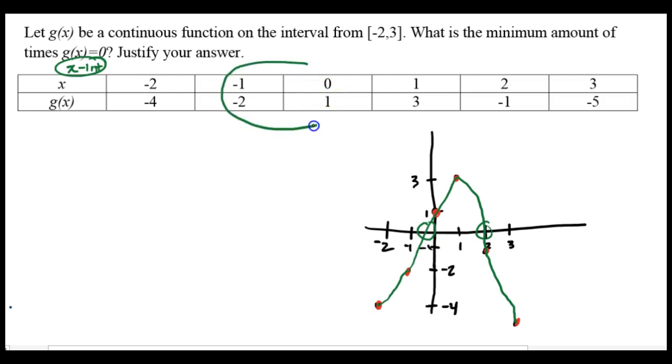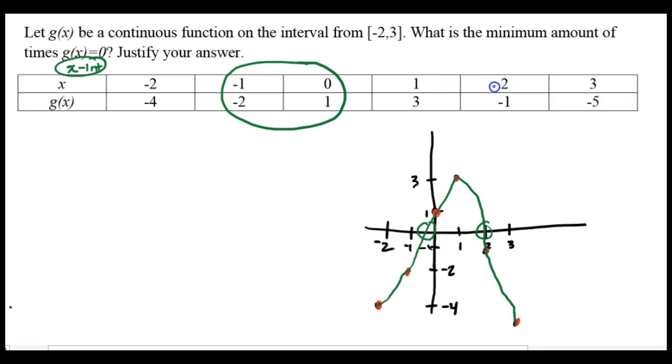So I'm focusing on these two sets of points, and this x-intercept. I don't change signs between 1 and 3, or between -4 and -2. But between -1 and 1, I have to go through 0.